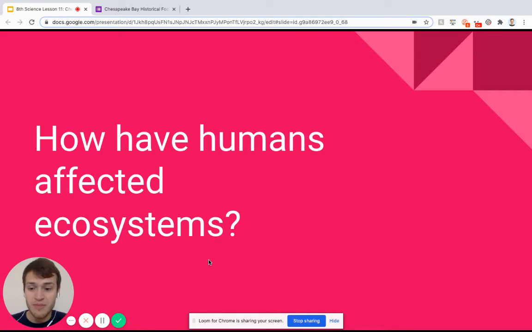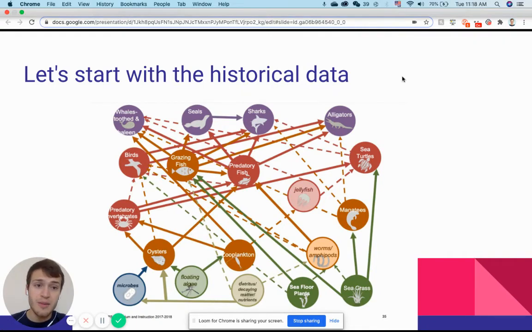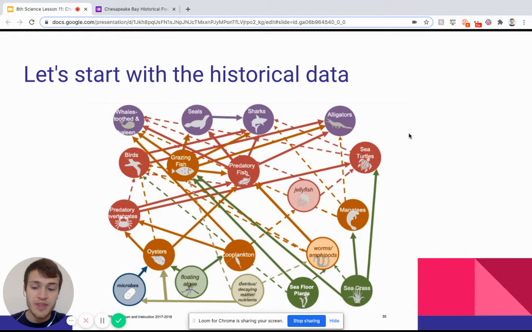We don't really have data for Chesapeake Bay until around 1700, which is when European settlers came to North America. So today we're going to look at this historical data from 1700. And then next class we'll look at how the ecosystems have changed since European settlers and then later Americans started changing the ecosystem.